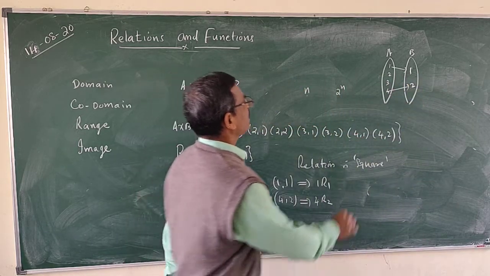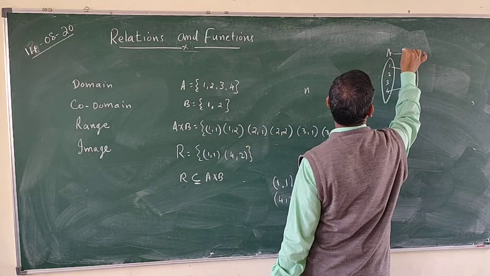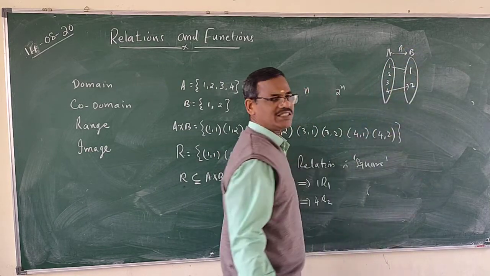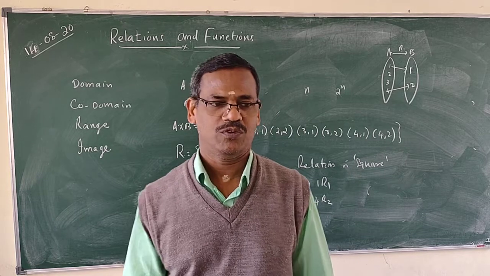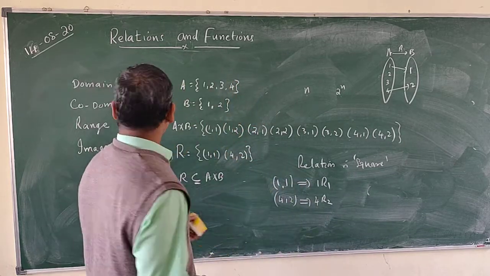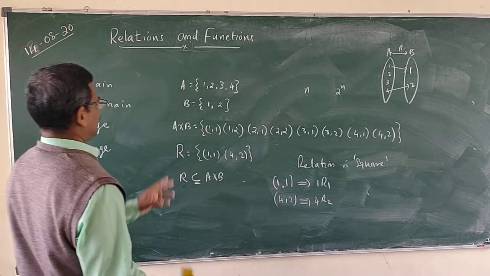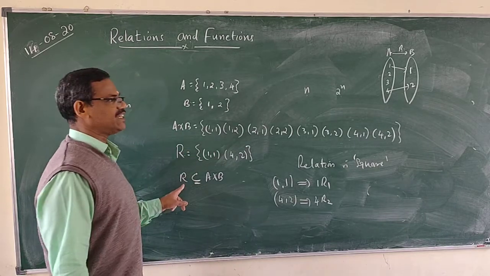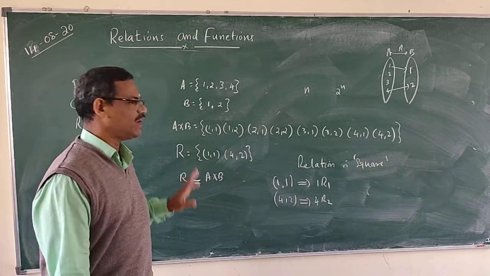So the relation here, this connection between the two, R, is 'square of'. Okay. So in general we define a relation as a subset of a product set.